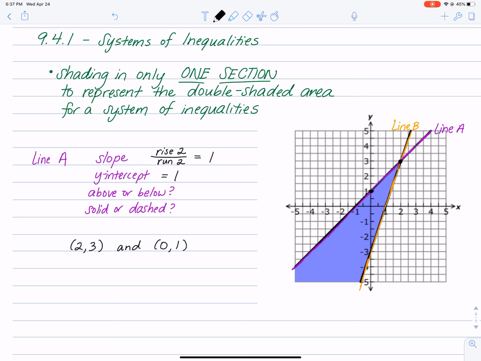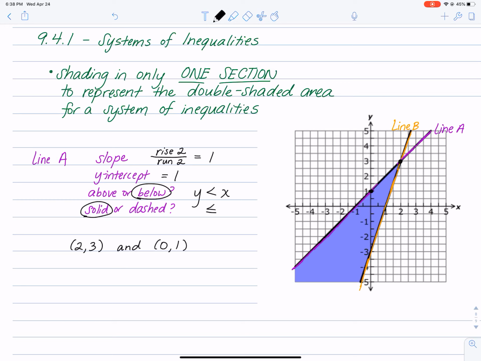Then we have to ask, is this inequality colored in above line A, or is it below line A? Obviously we would look and see that this one is below. Below means less than. When we use y and x to make our linear function, y needs to be less than the x value. Okay, our last question will be, is it solid or dashed? It is solid, which means it's going to be less than or equal to.